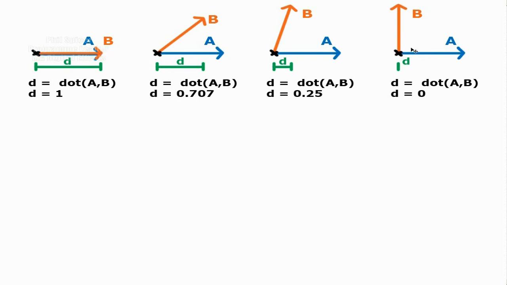However, if we've got a 90-degree angle between them, then the projection of vector B will give a point, a 0 distance, and will return a value of 0. And for any angle in between, it grows from an angle of 0, to 45 degrees, to 75 degrees-ish, and 90 degrees. The dot product varies between 1 and 0, so as you can see it fades off.